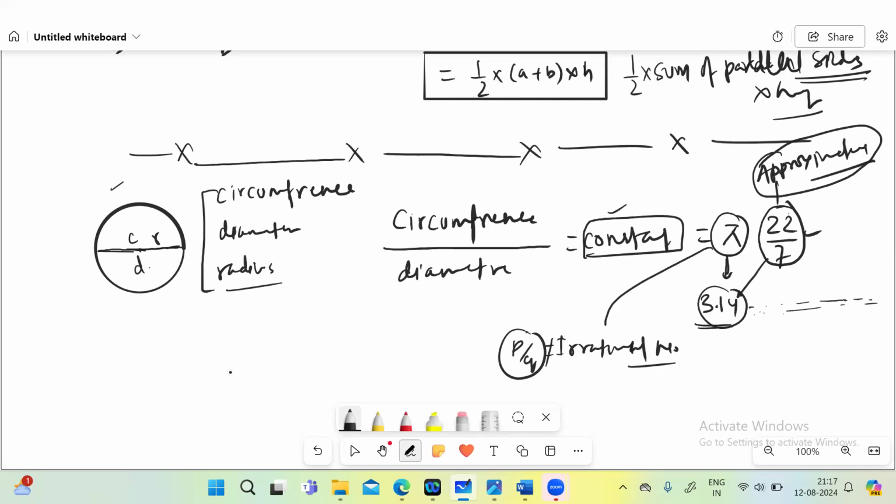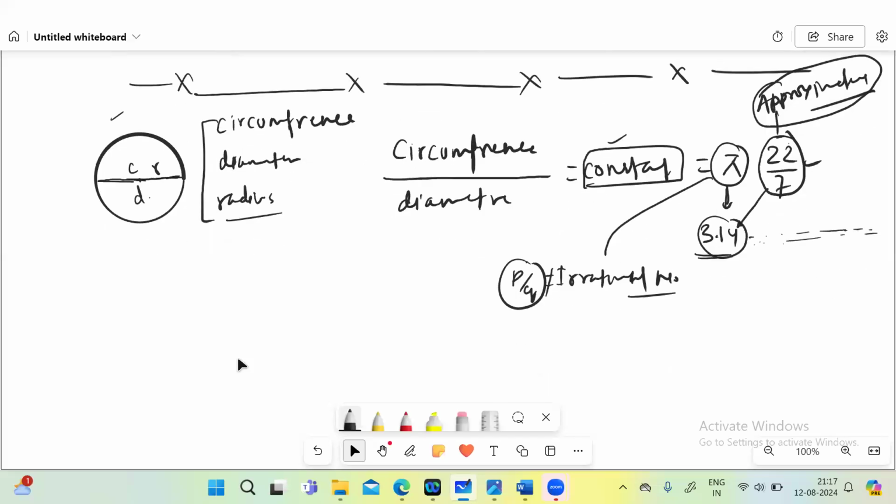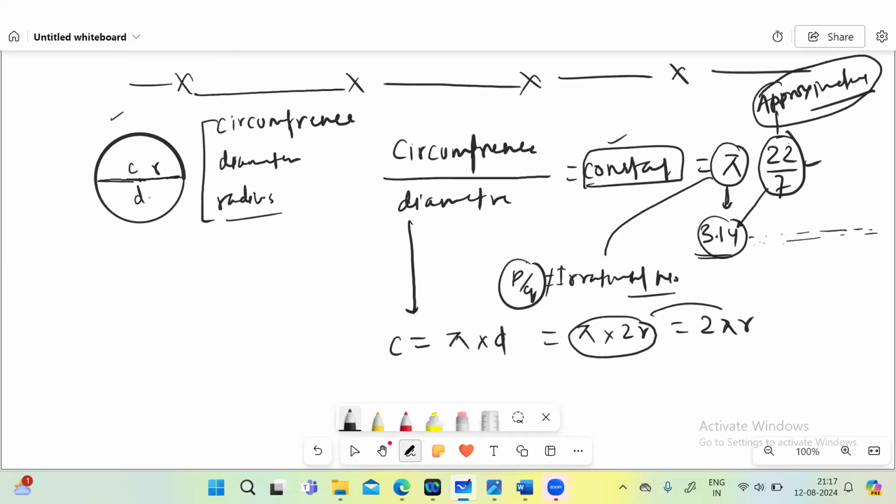So this is always constant, and with this particular definition, we got what? Circumference is equal to pi into d, and you know d is 2 times radius. So pi into 2r. So the circumference of a circle is 2 pi r. Why did we convert it into this? Both are the same.